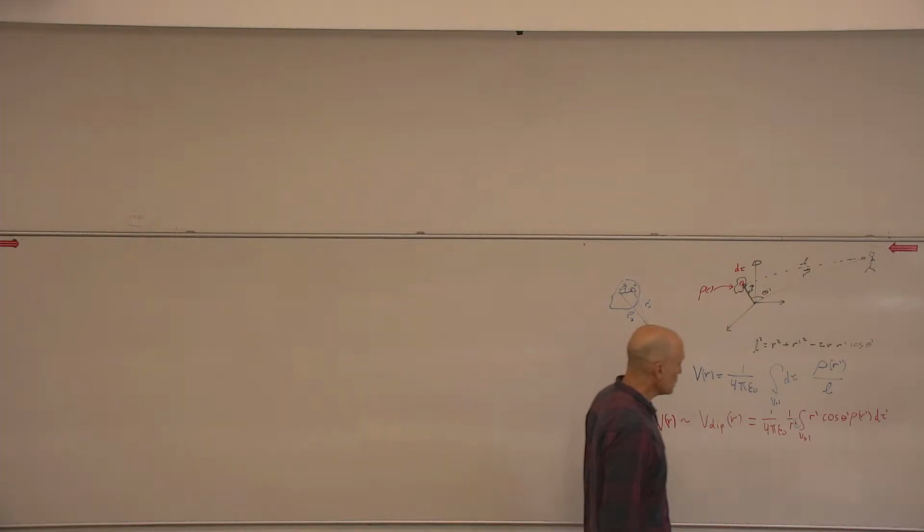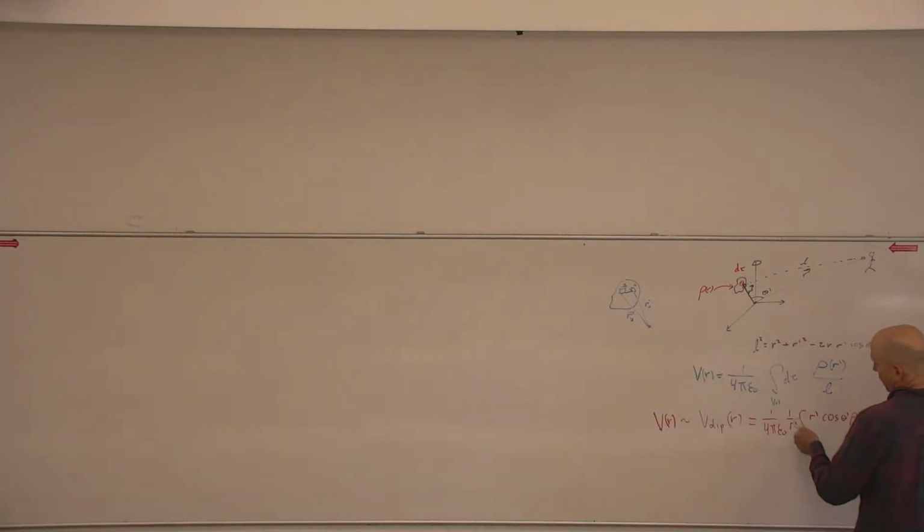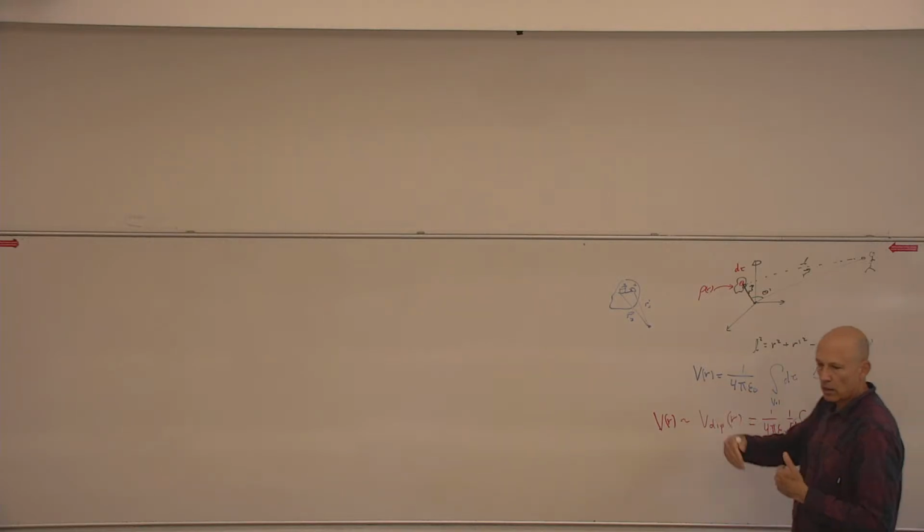So this expression, while it gives you the correct leading term, and this is integration over d tau, and remember rho of R is not 0 in a volume, again with size d, so this gives you something which is finite. It's much smaller, this object, in some sense, compared to the distance R.